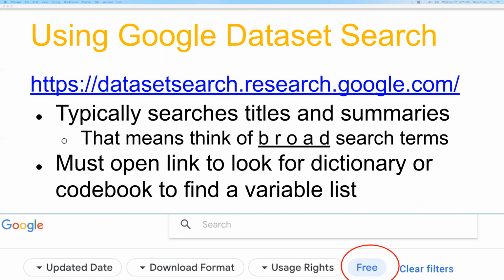But they just happen to have collected grades or academic achievement as some kind of indicator of life success overall. So when you're searching Google Dataset Search, think of broad search terms that might cover your topic, and then check the data dictionaries or codebooks to see whether they have your exact variables.